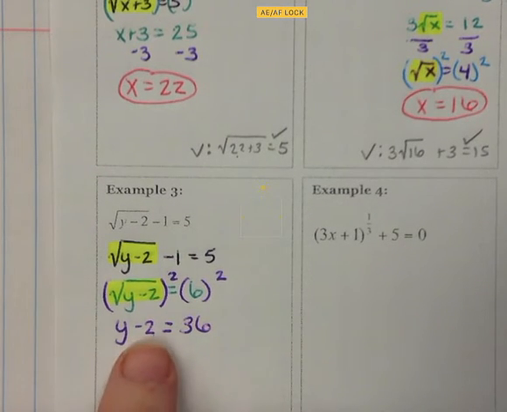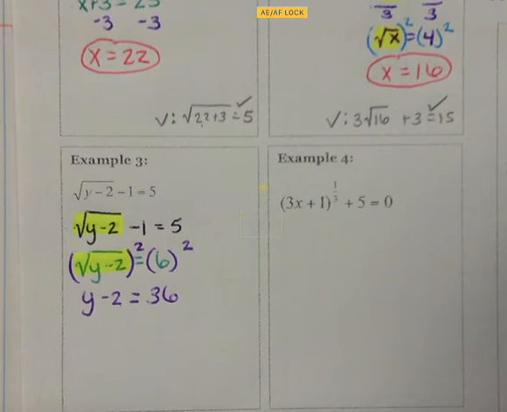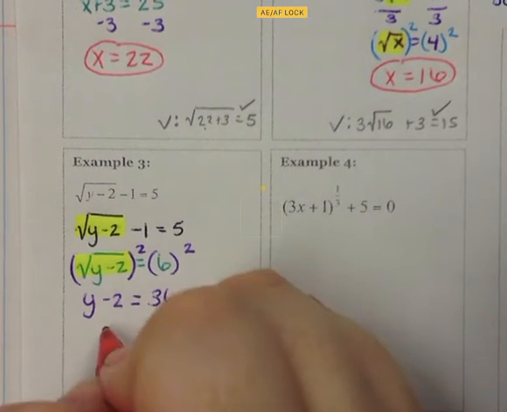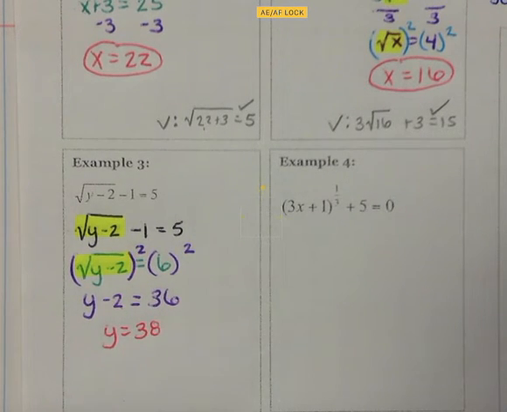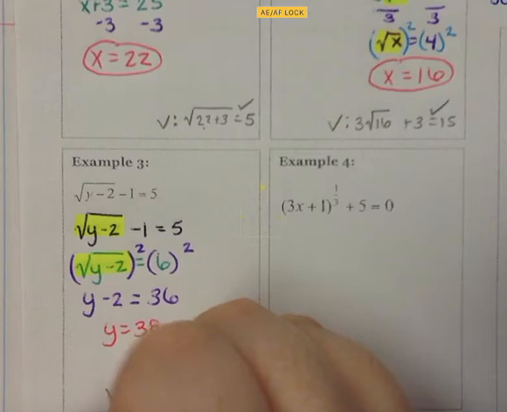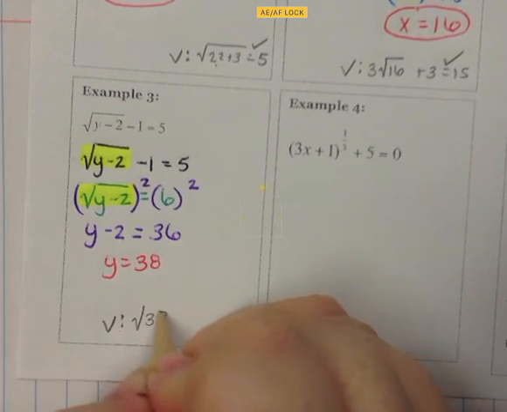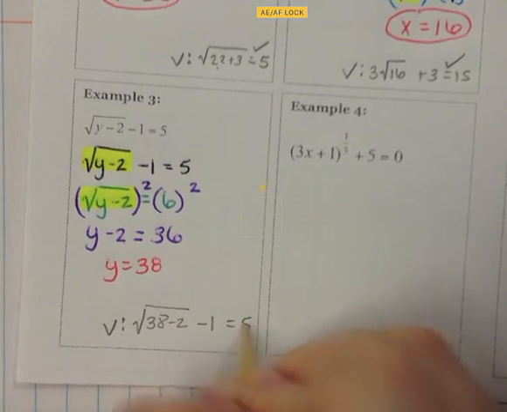Now we go back to the SADMAP and we add and subtract away to get our variable. So we end up getting y equals, we're going to add 2 to the other side. We get y equals 38. So again, we have to do our check. So our check is square root 38 minus 2, and then minus 1 equals 5.